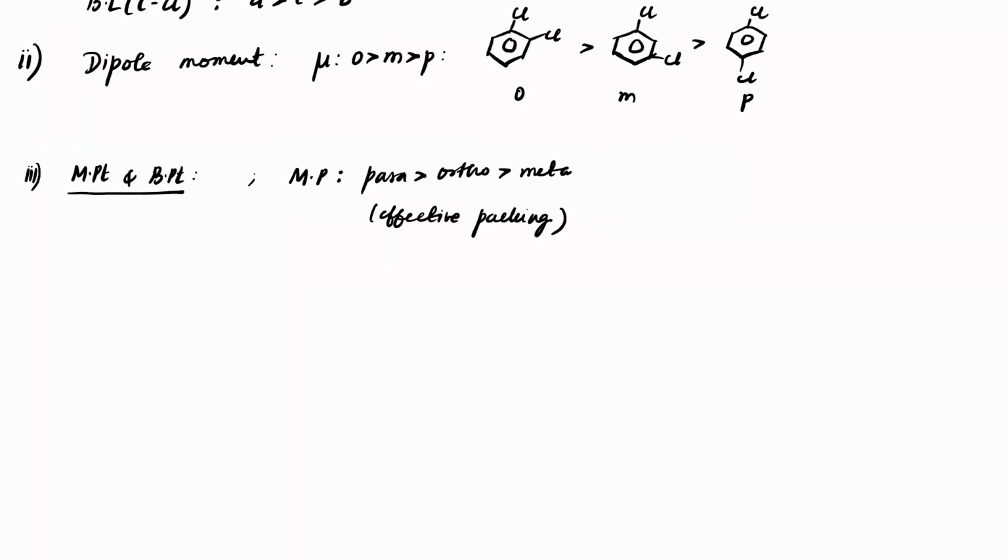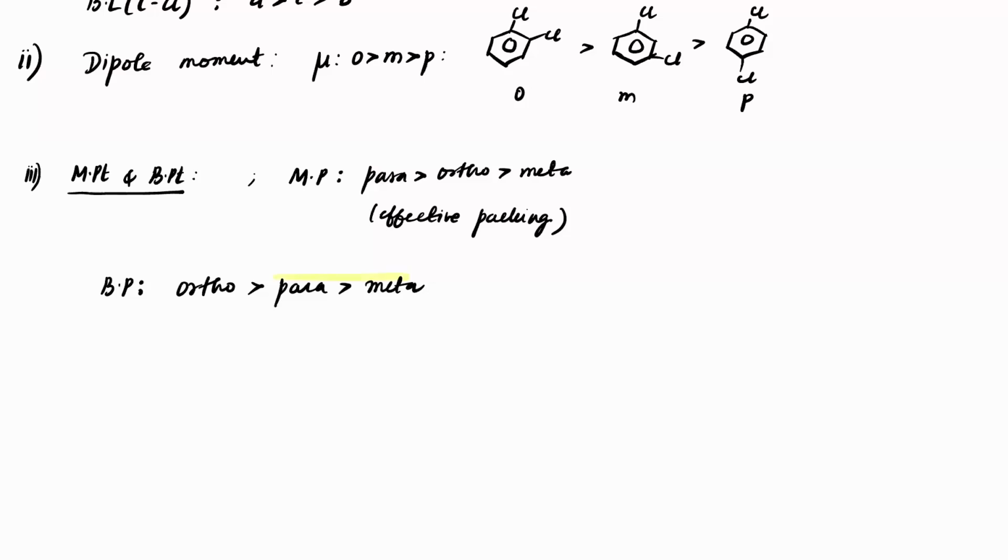When it comes to boiling point, now this is very interesting. Usually we always rely on dipole moment. But here you will notice that ortho is definitely more in dipole moment, but then comes para, which is an exceptional form, and then comes meta. So this is an important exception you should remember.